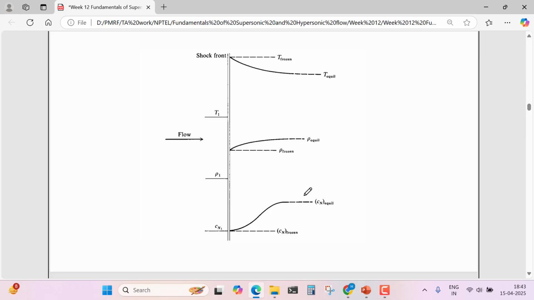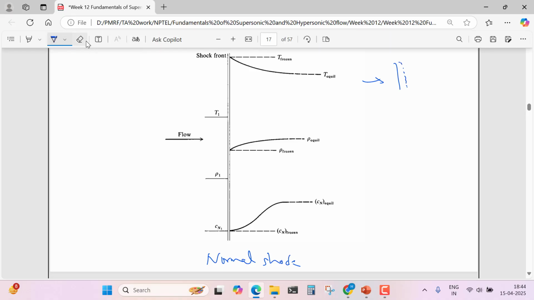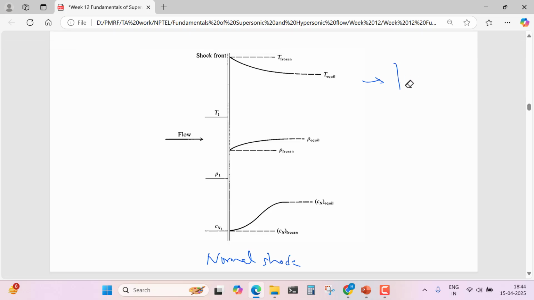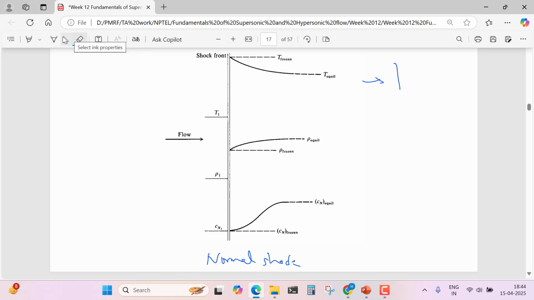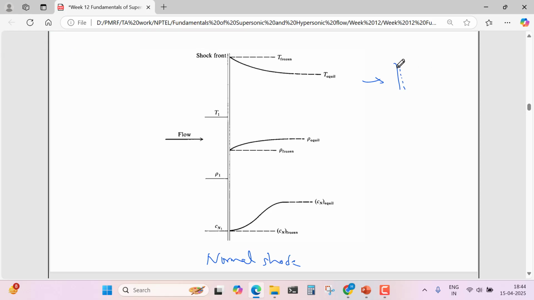Actually, this is for a normal shock. If there is a normal shock, then just after the shock there will be a very thin region which will have frozen flow.